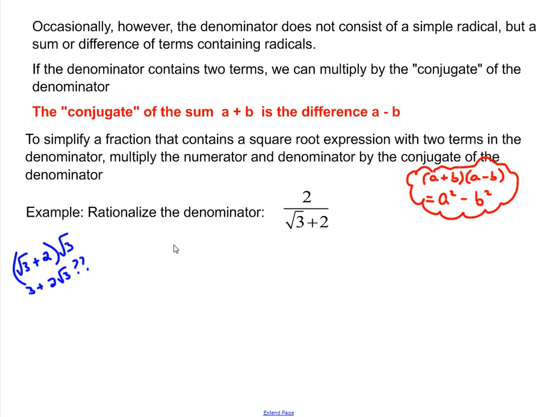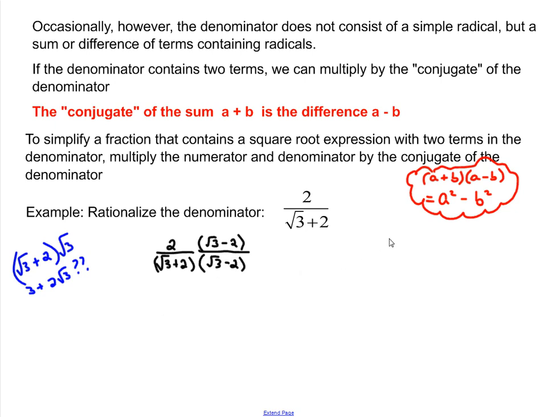So in this case, I'm going to take 2 over the square root of 3 plus 2, and I'm going to multiply in my numerator and denominator by the square root of 3 minus 2 this time. This is equivalent to multiplying by 1, but we get this added bonus right here.